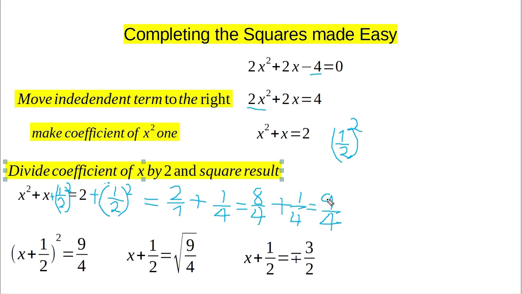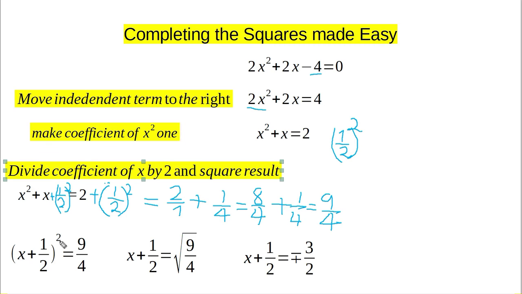Now we are here, so we know that completing the square, we had (x plus 1/2) squared is equal to 9/4. Now we want to get rid of this squared sign, so what we do is take the square root of both sides.